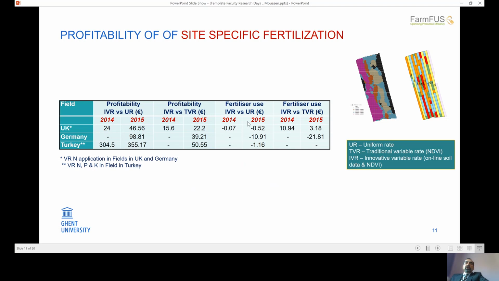But what we also noticed is that not only profitability can increase, but also the use of fertilizer can be reduced. And this is, as you see here, for the innovative variable rate approach compared to the uniform rate approach in 2014, compared to that in 2015.